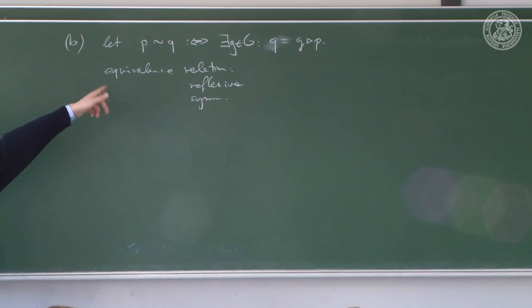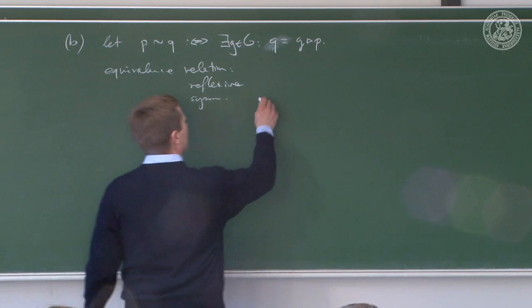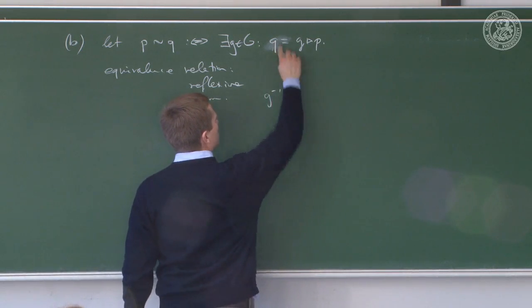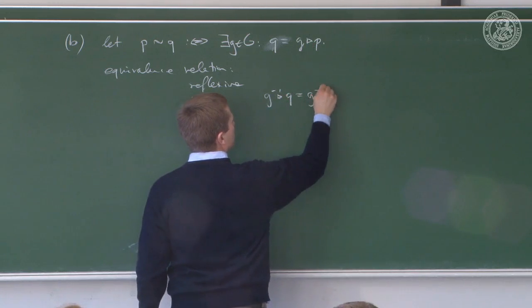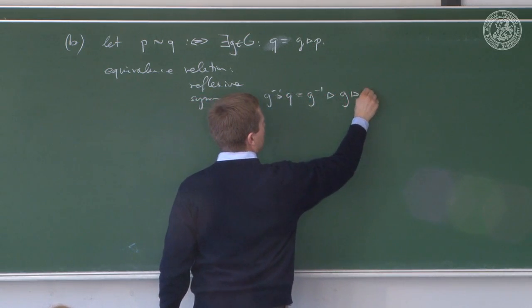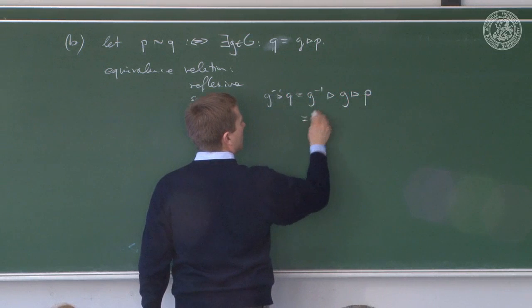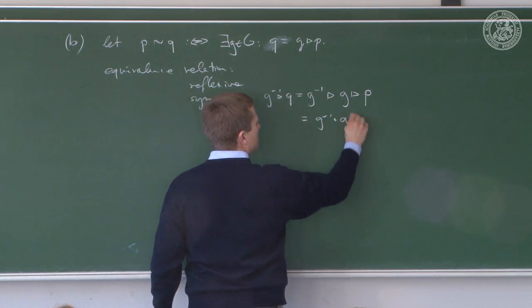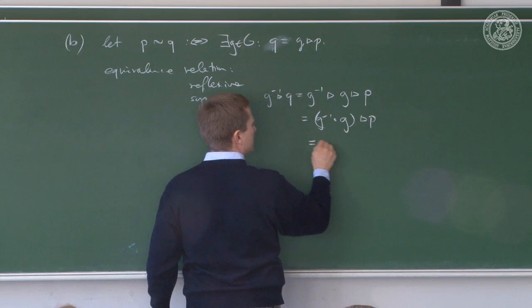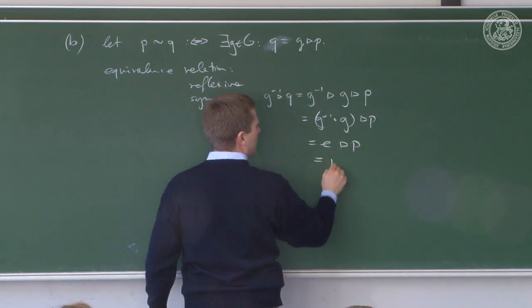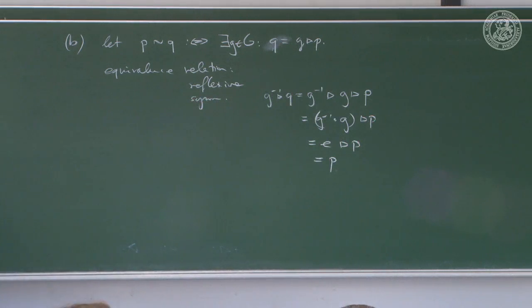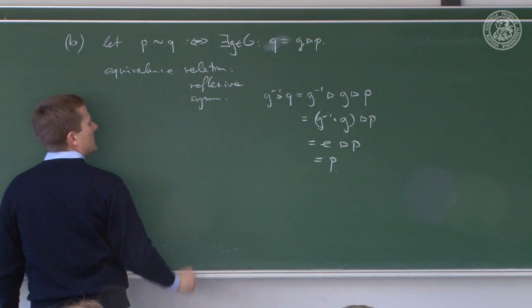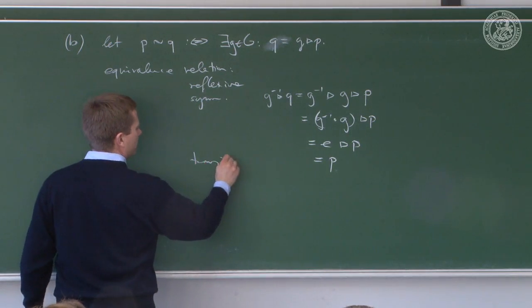And you have that if you act again with the inverse, well, let me write it down: if Q equals g acting on P, then g inverse acting on Q is g inverse acting on g acting on P. But this is g inverse g acting on P. That's the identity acting on P. That's P. So you can write this the other way around, and the inverse always exists. So there is such a group element, in that case the inverse, and you can also check that it's transitive.